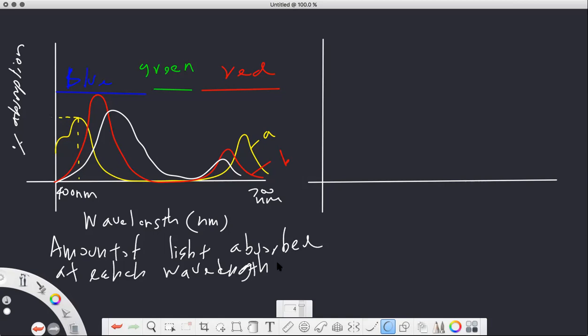So this graph is named the absorption spectrum. The name given to this graph is absorption spectrum, and the definition of absorption spectrum is the amount of light absorbed at each wavelength.